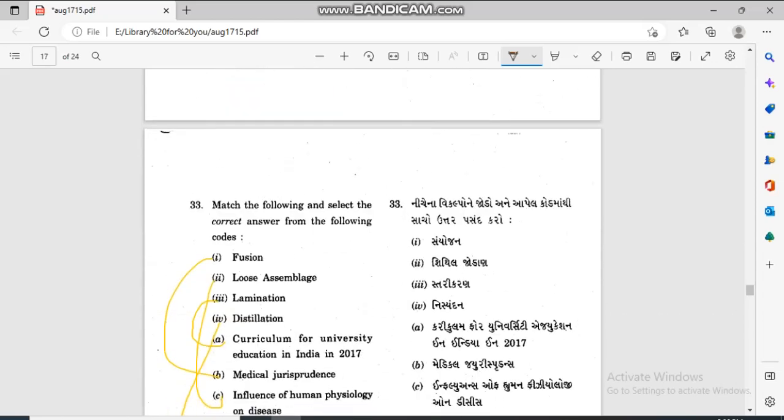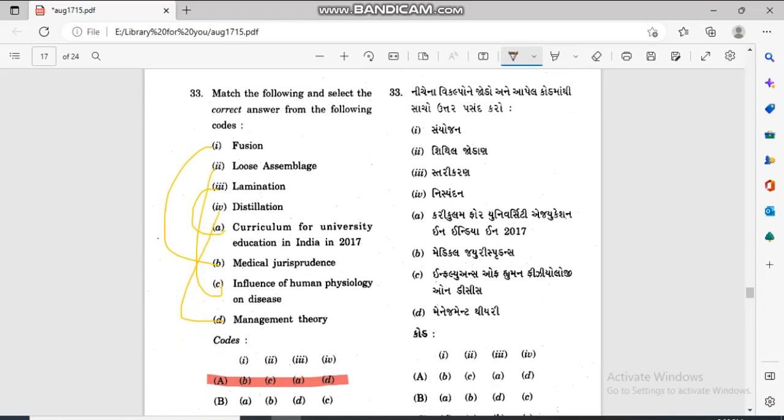Match the following and select the correct answer from the following. Fusion. Fusion is medical jurisprudence. Loose assemblage. Loose assemblage is influence of human physiology on disease. Lamination. Lamination is curriculum for university education in India 2017. Distillation.